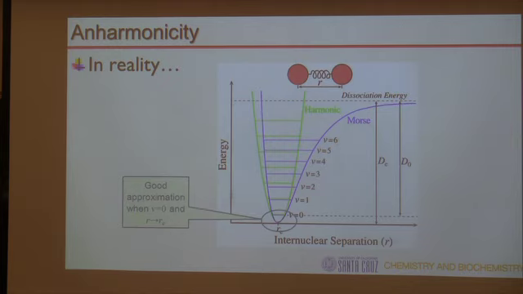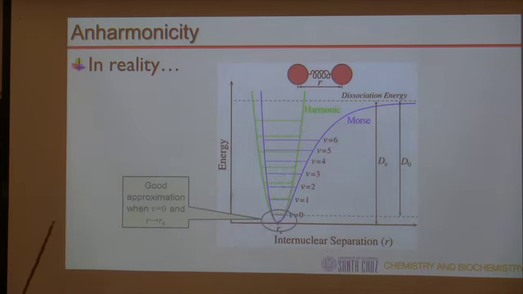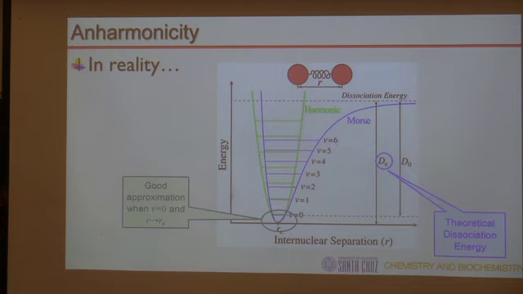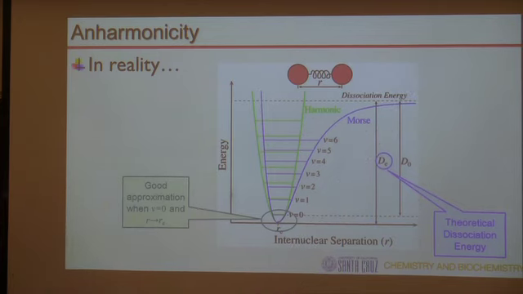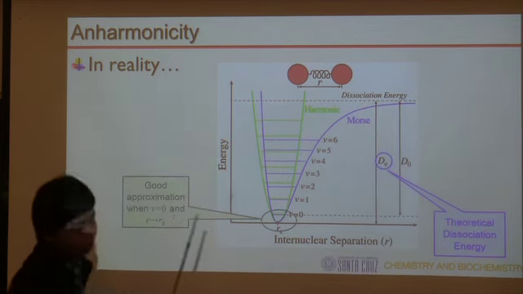The second thing is you can see there are two letters here. One is called D0, one is De. The De means the theoretical dissociation energy of the diatomic molecule. Why? When the potential energy becomes flat, it represents that this molecule has dissociated, so the potential energy will no longer change. We call this the dissociation level.